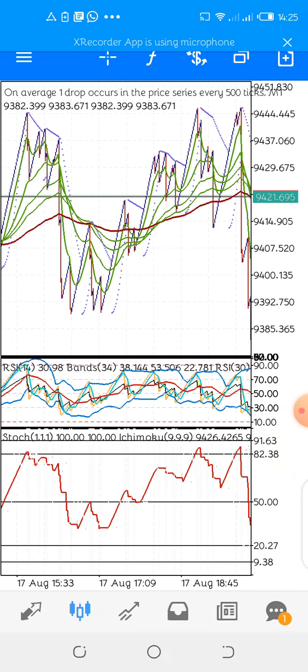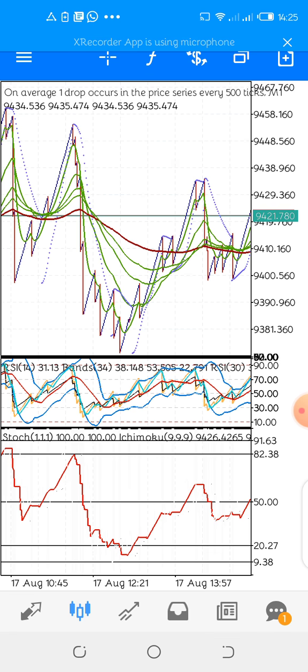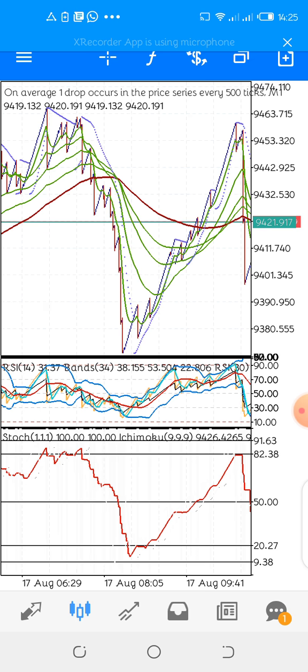So the 300 is just to give us direction, and mark you, this is Crash 500, and you know Crash 500 is more volatile than the 1000.